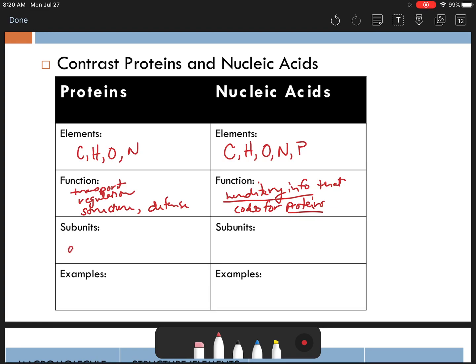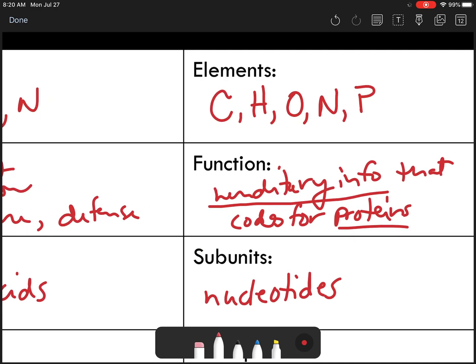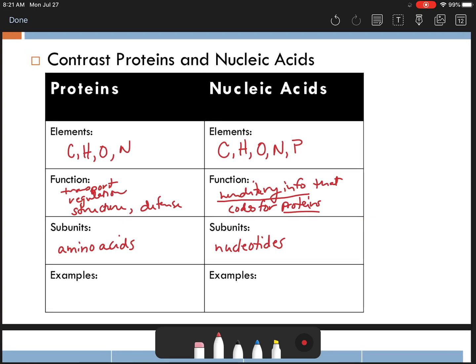What are the subunits of proteins again? Those are the amino acids. And what are the subunits of nucleic acids? Nucleotides. Again, it sounds almost like the name, so that should help you remember it. And what are some examples of proteins?